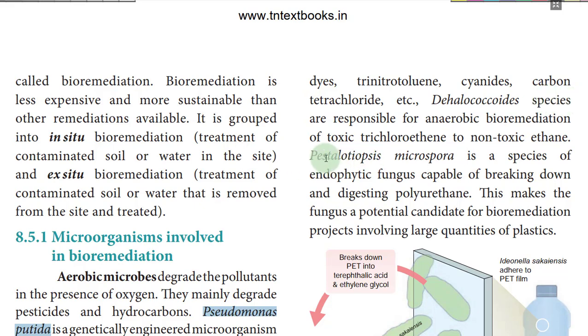Next is Pestalotiopsis microspora, a species of endophytic fungi which is capable of breaking down and digesting polyurethane. Polyurethane is a byproduct of plastic. When you are using mobile covers, most of the flexible mobile covers are made of thermoplastic polyurethane, and all these things can be digested with the help of this fungus.